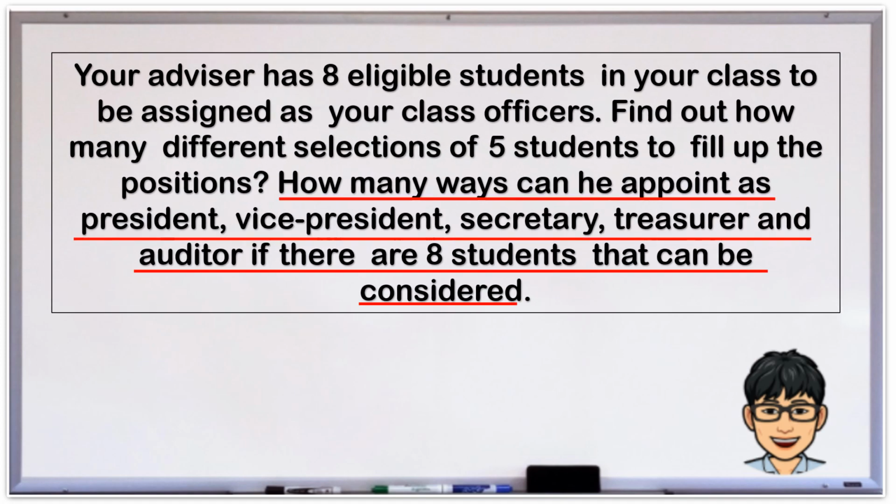Now, let us answer the second question. How many ways can he appoint as president, vice president, secretary, treasurer, and auditor if there are 8 students that can be considered?